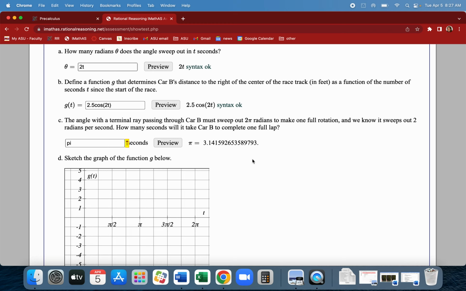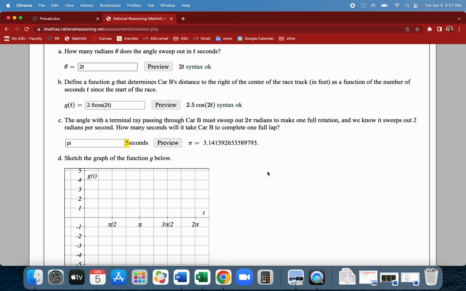It goes through 2 radians every second. So to go through 6.28 radians would take a little bit more than 3 seconds, right? But you can also just use this first equation, theta equals 2t. If you know theta, you can find t. If you know t, you can find theta. It's not just a function, it's an equation that you can use to solve knowing one value to get the others.